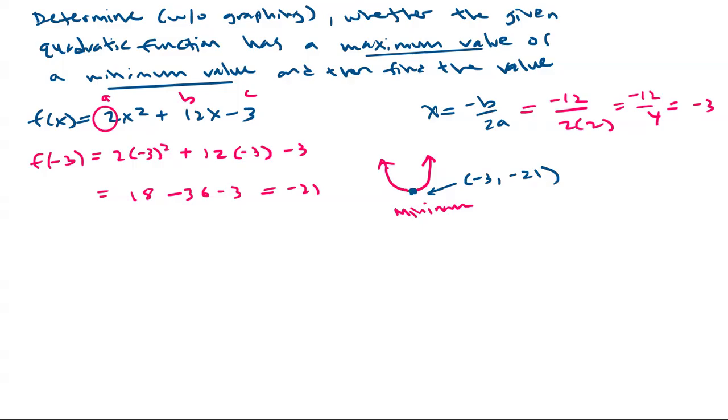So when it's asking for the maximum value or minimum value, you want the y coordinate. That's what that means. So in this case, that y coordinate is negative 21, and then we have a minimum at negative 3, negative 21.